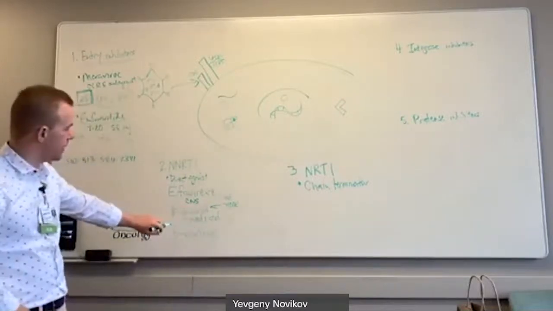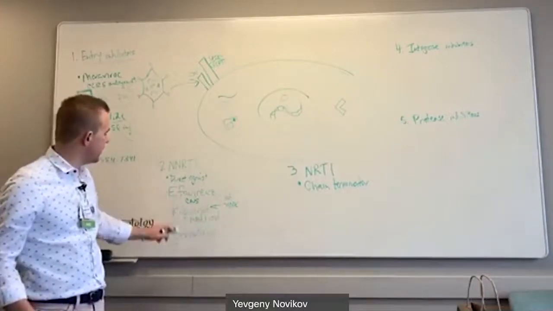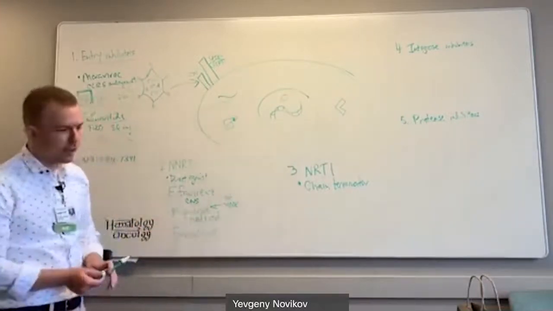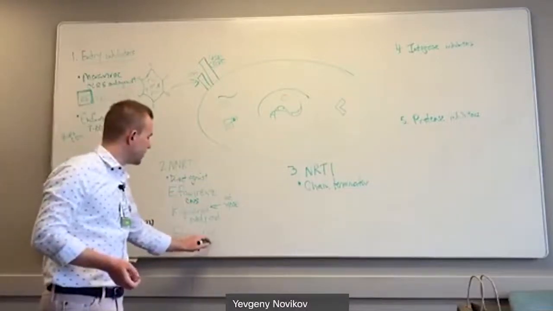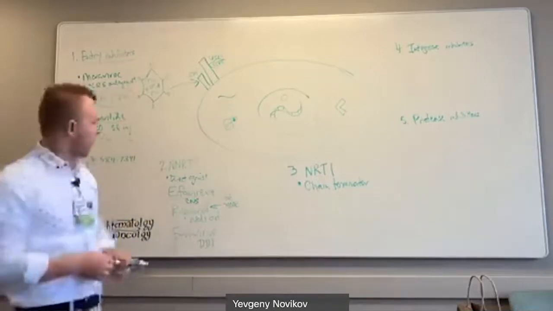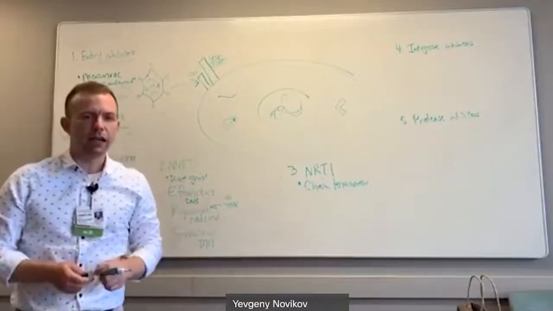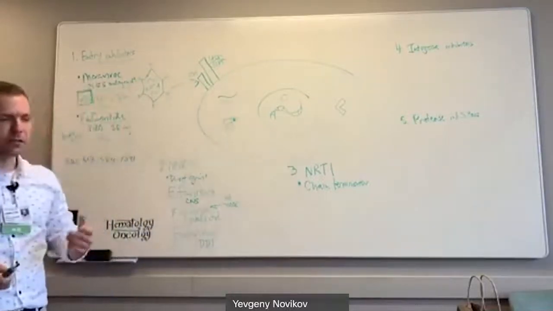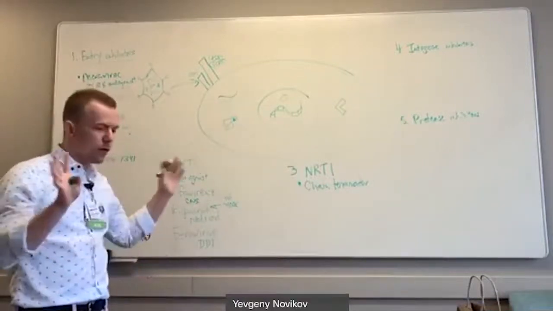Etravirine is the 3rd NNRTI. It's the salvage NNRTI. When it's resistant to both of these, etravirine's usually good against it. The problem with etravirine is that it has lots of drug-drug interactions. It is both a CYP450 inducer and inhibitor. Every time I put someone on this drug, you have to run a full medication reconciliation because it inhibits some stuff, it induces other things, and you have to know what's what.